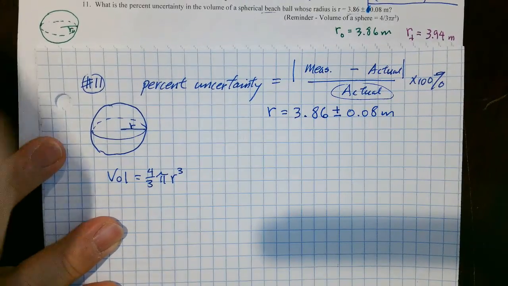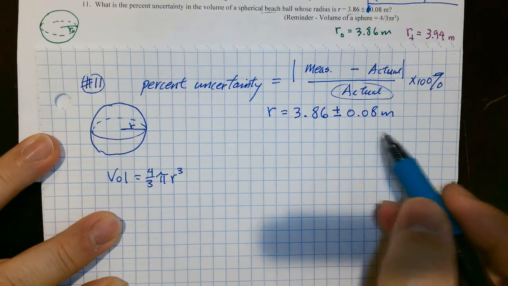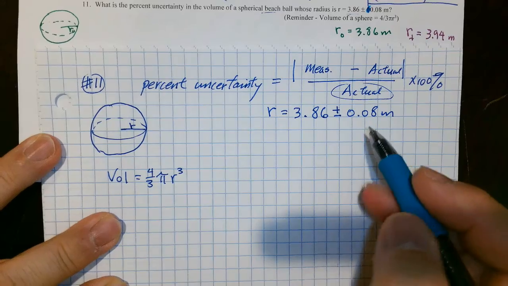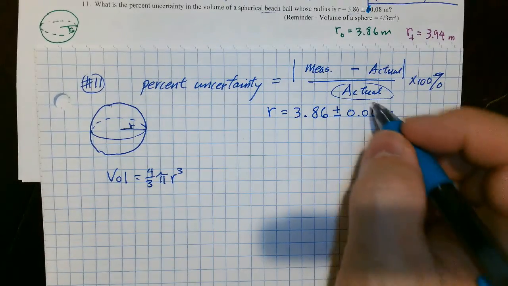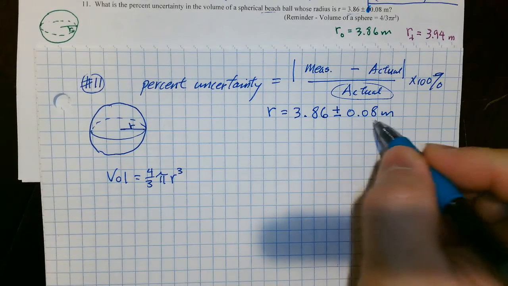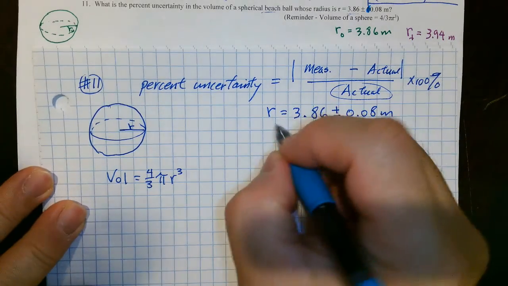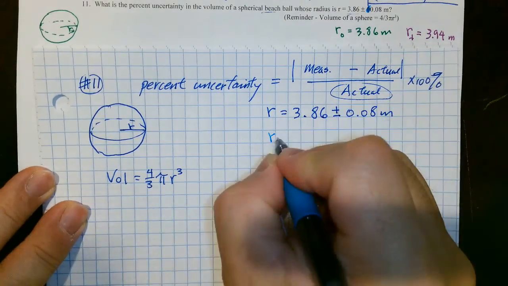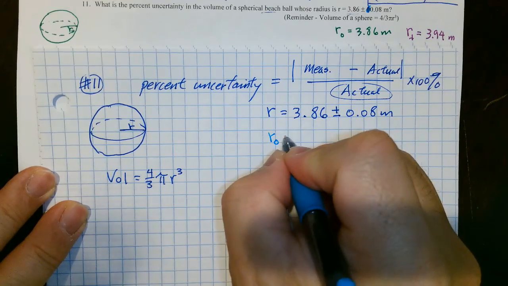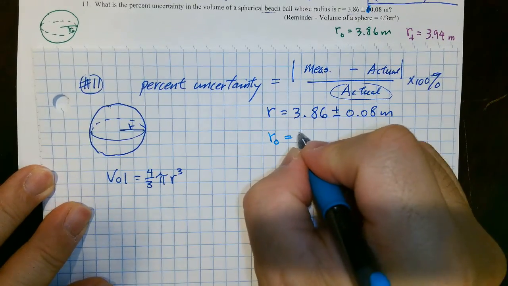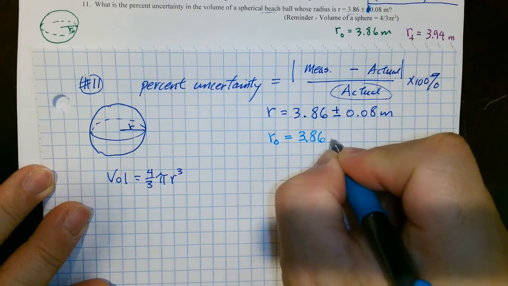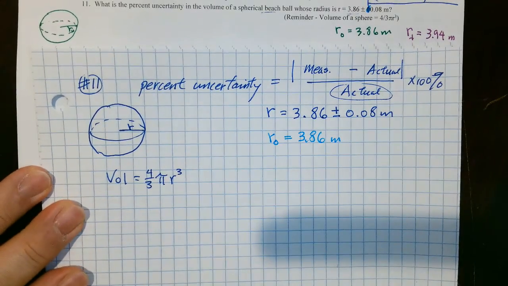We really don't know what they used to measure this, but whatever the measuring instrument, this was the given tolerance. Without the uncertainty, my radius is simply 3.86 meters.